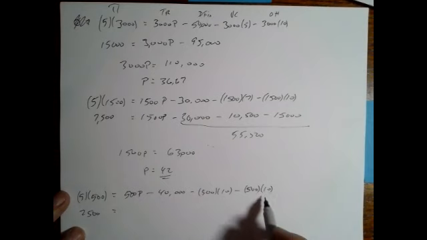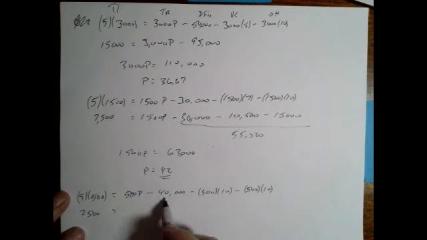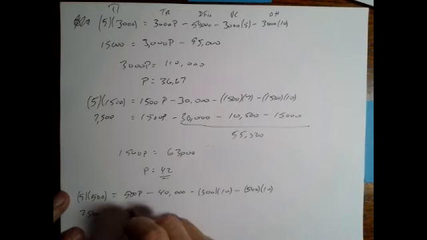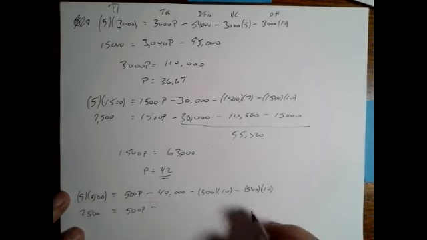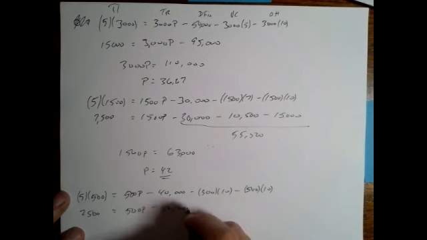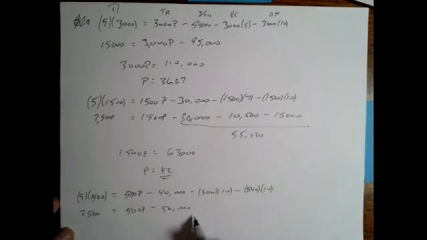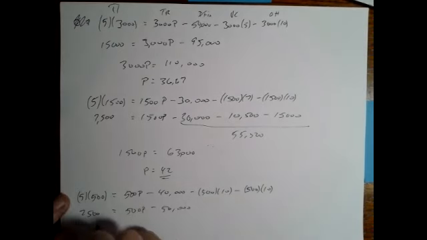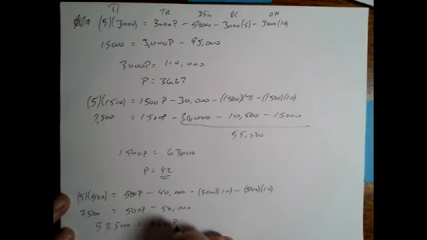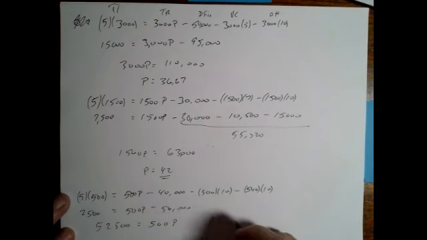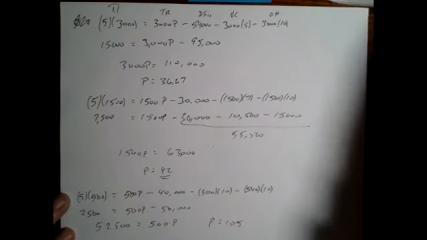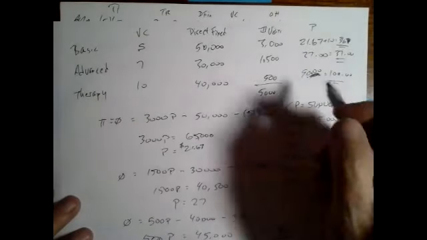So that's 5,000, 5,000, that's 10,000 minus 40,000. So we have 500P minus 50,000. I add 50,000 to both sides, and I get 52,500 equals 500P. 52,500 divided by 500 is 105.